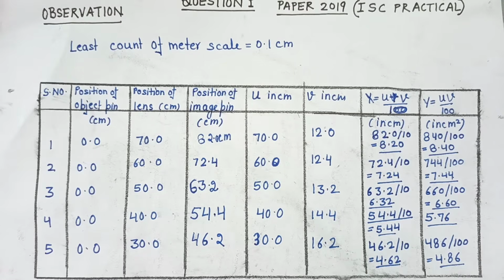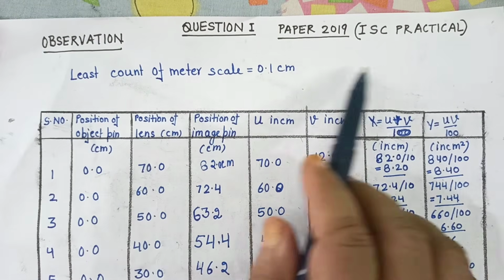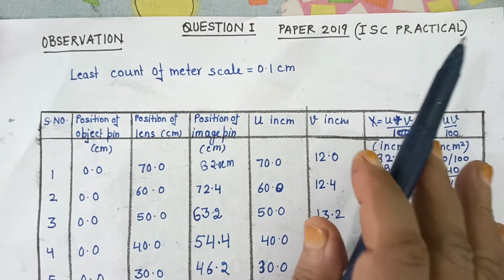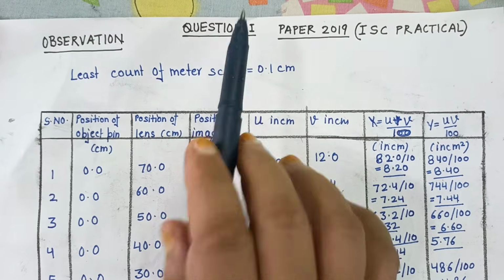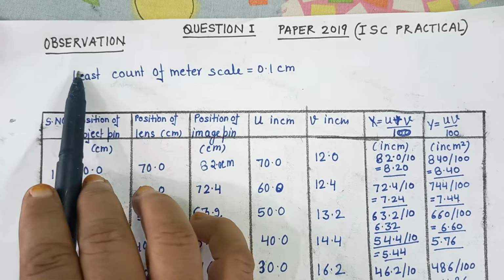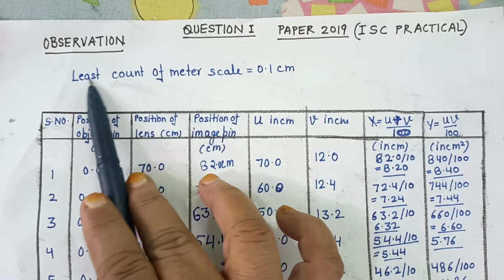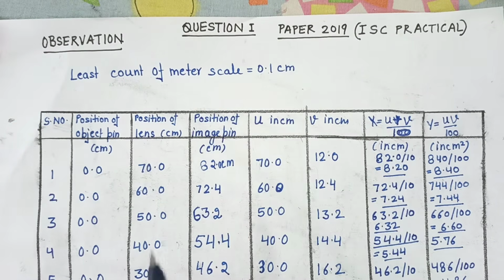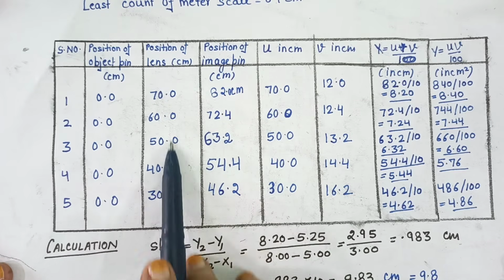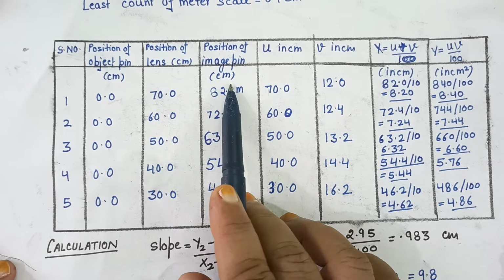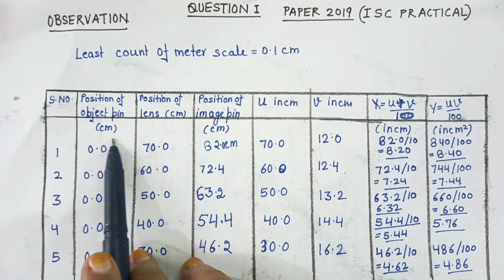Now it's time to complete our calculation and then draw the graph. So in your practical copy, examination copy, you will mention the question number, and then under the heading of observation, the first observation should be the least count of the apparatus used. After that, just check that all the readings taken from this apparatus are in sync with the least count, that is up to 1 decimal place.